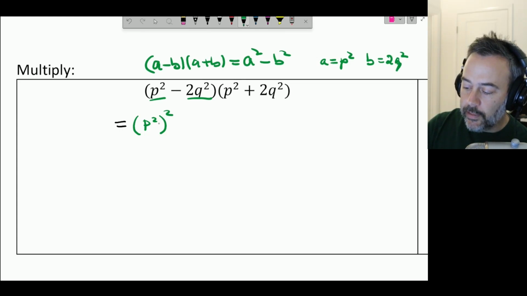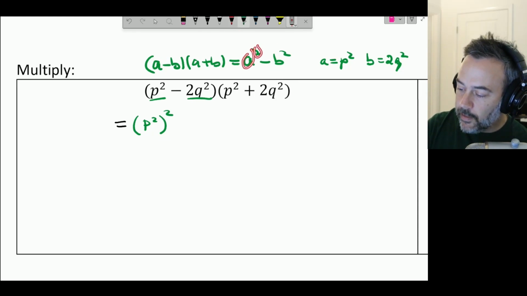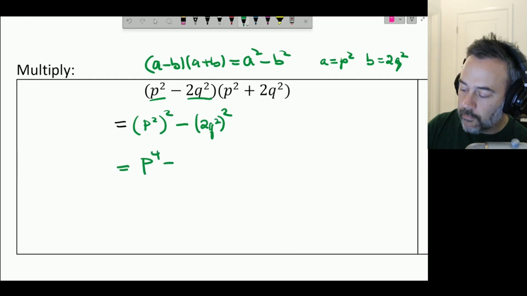So (p squared) squared is A squared minus B squared. But what's B? B is 2q squared. p to the fourth minus 4q to the fourth.